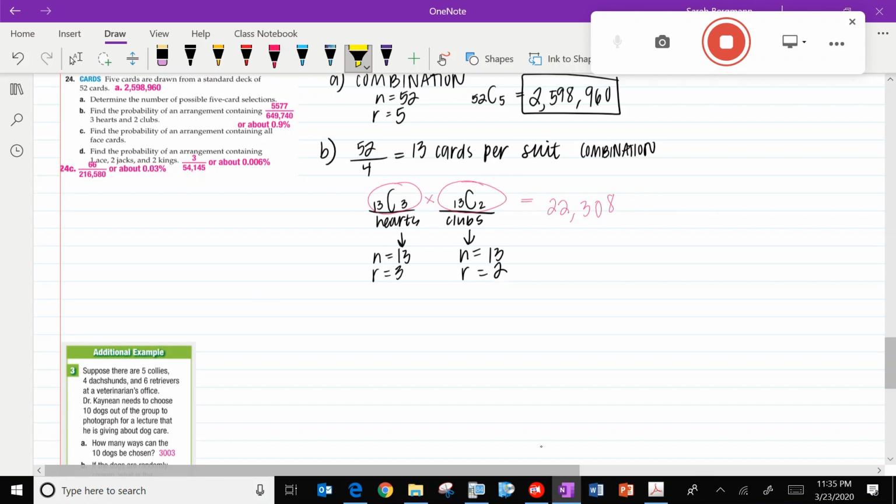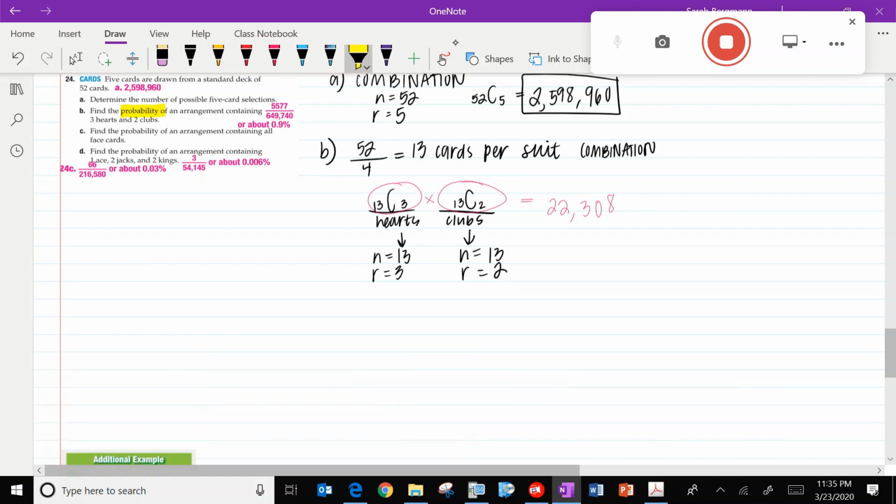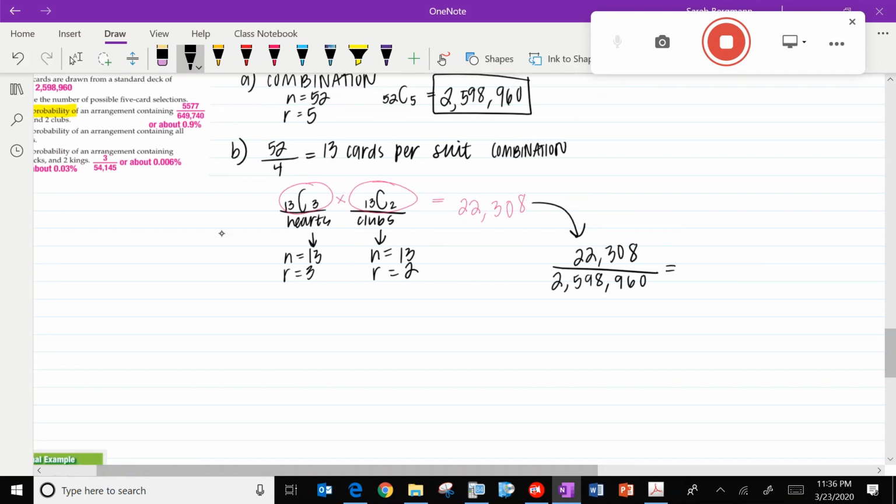Now, pay attention to your question though. It says probability. So whenever you're doing probability, remember you're taking the number of outcomes in your favor, which is what we just found here, over the total number of outcomes, which is what we found in part A, and when you reduce that, those are both divisible by 4.